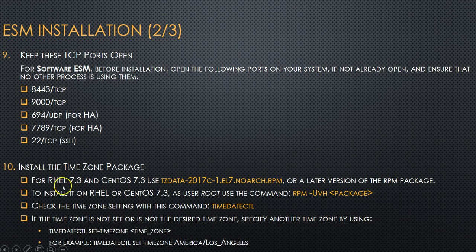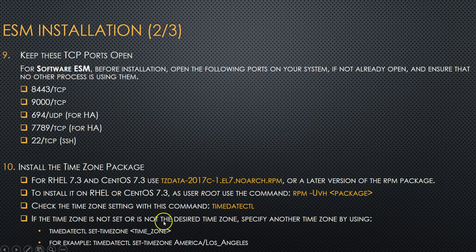In the 10th step, we need to install the time zone package. For our case here, with CentOS 7.3, we need this package or a later one. You can use this command to install the package, and you can verify after that the package installed successfully with this command.